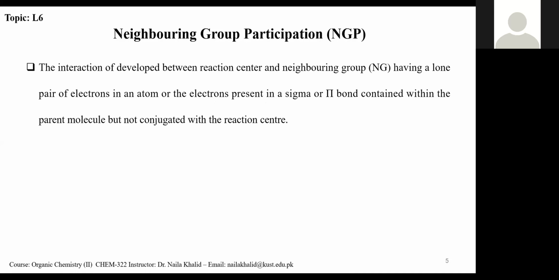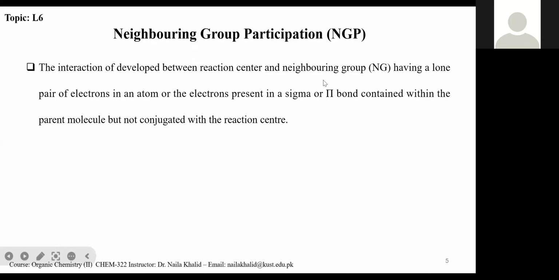So first of all, I will introduce what a neighboring group is and what its role is during the reaction. First of all, it is any interaction developed between the reaction center and the group which is present neighbor to it.